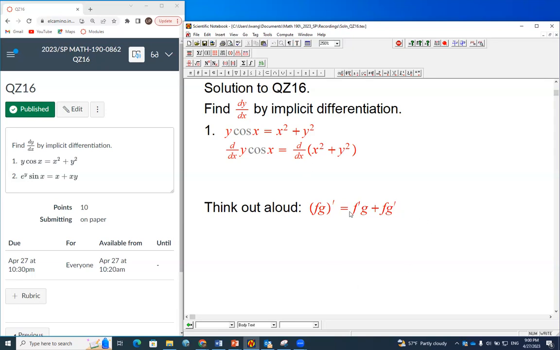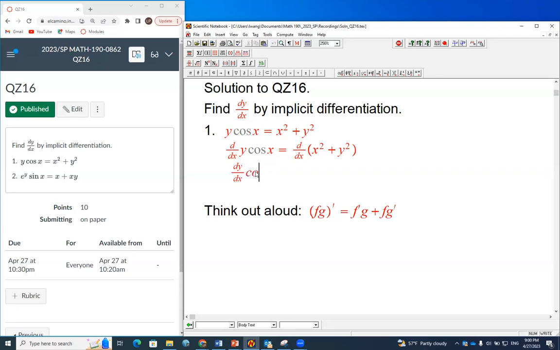So you have f times g, in one you differentiate f, leave the other one alone. And in the second one, you differentiate the other and leave the first one alone. All right, so this is your f and this is your g. So the derivative of y, you're going to get dy dx.